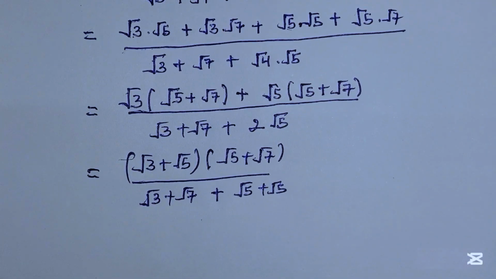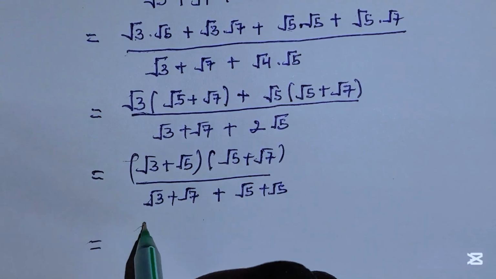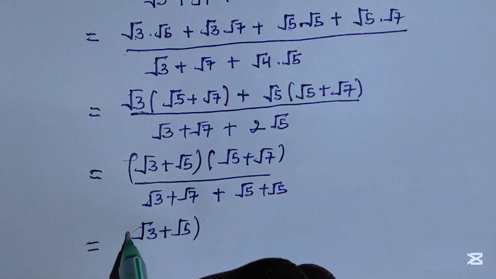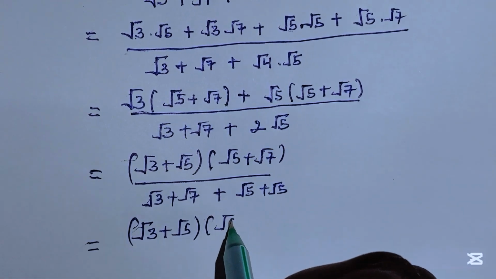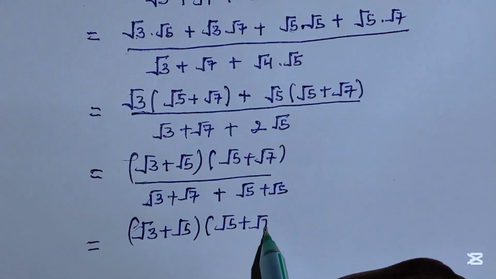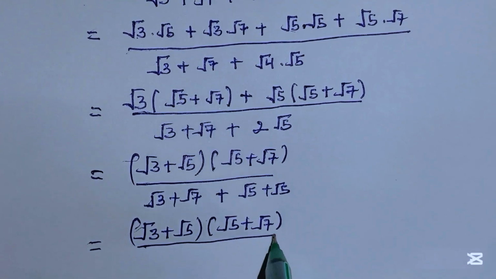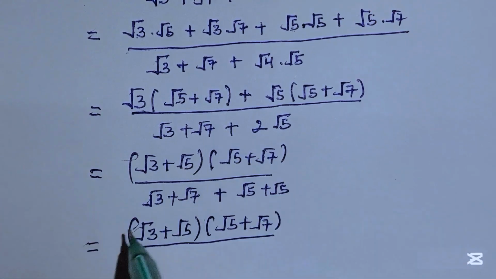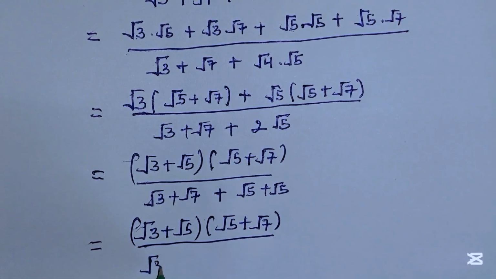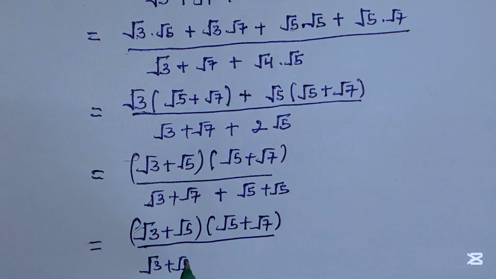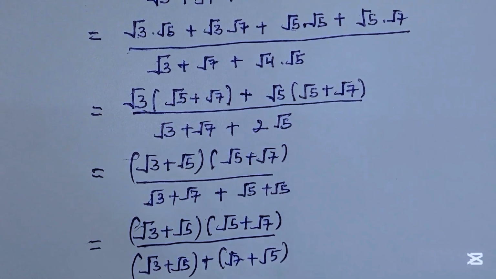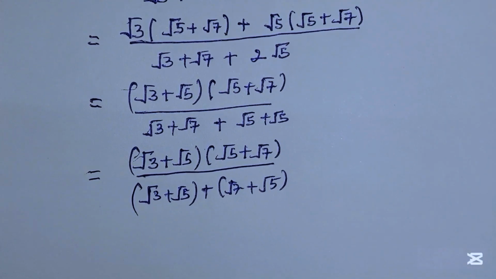Okay, this is equal to square root of 3 plus square root of 5 times square root of 5 plus square root of 7 over, here we can group this one. We can group this as square root of 3 plus square root of 5, then plus square root of 7 plus square root of 5, right?